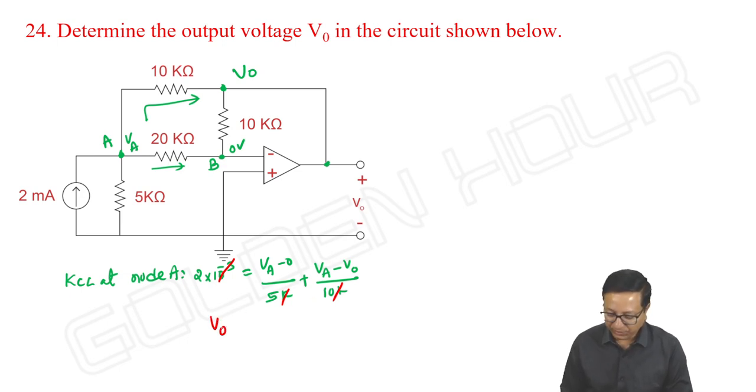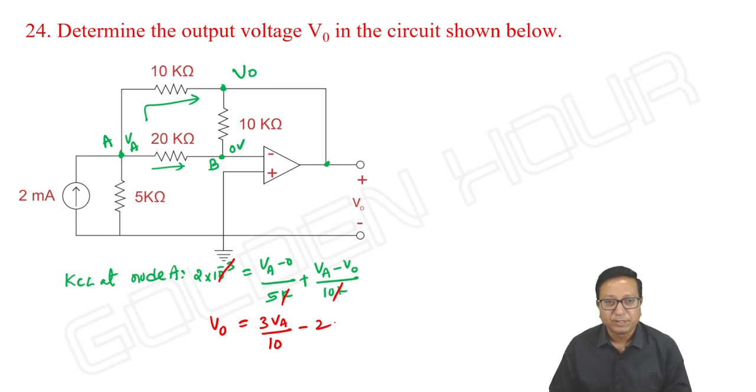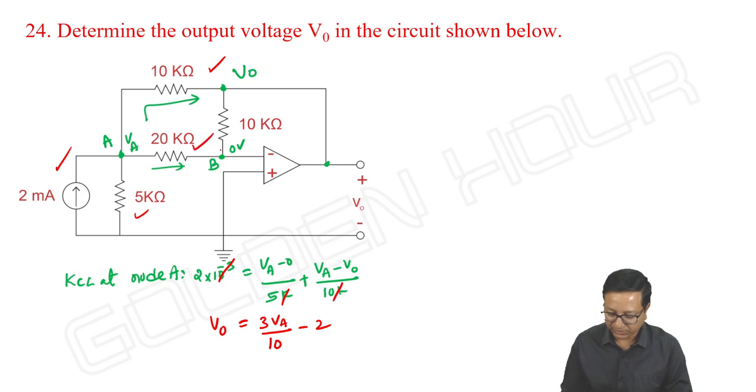Okay, so V output is equal to 3 VA by 10 minus 2. Oh, three currents, no? One is entering current, one leaving current, and this one I wrote and this one I forgot, sorry, plus VA minus 0 by 20k. So this is also cancelled.